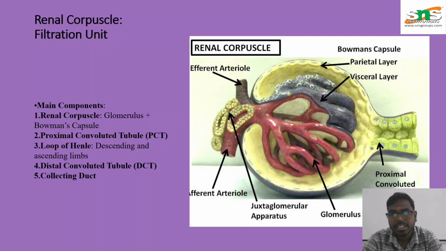The picture on the right side shows the renal corpuscle. Generally the renal corpuscle consists of the afferent arteriole, the Bowman's capsule, parietal layer, visceral layer, proximal convoluted tubule, glomerulus and juxtaglomerular apparatus.